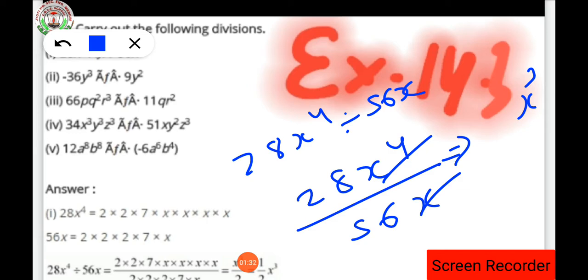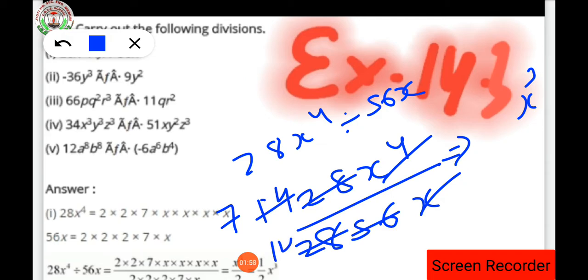Okay, in the same way we are going to cancel this 28 in the table of 2, how many times? 1 and 4. Here 56 will get cancelled how many times? 2 times, and 6 1 will be carry 8 times. 14 will again get cancelled by the table of 2, 7 times, and 28 will get cancelled by the table of 7, 1 time and 4 times.